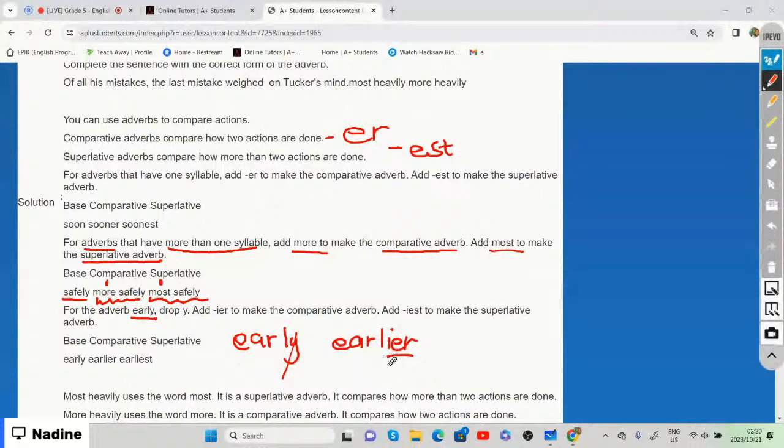And that shows the comparative. This is the comparative adverb. And when it comes to the superlative adverb, we also drop the Y when it comes to early, but then we add IEST to make it superlative. And this is the superlative adverb.